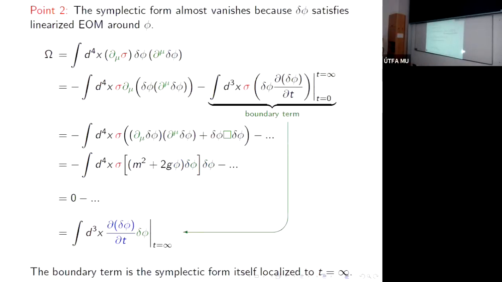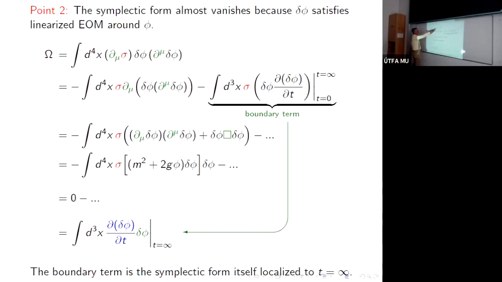The second point is that the symplectic form is almost 0 because this delta phi satisfies the linearized equations of motion around the solution phi. So now we can try to understand why the symplectic form is not 0. We start with our formula here, and we want to integrate by parts, taking this partial mu to act on here.